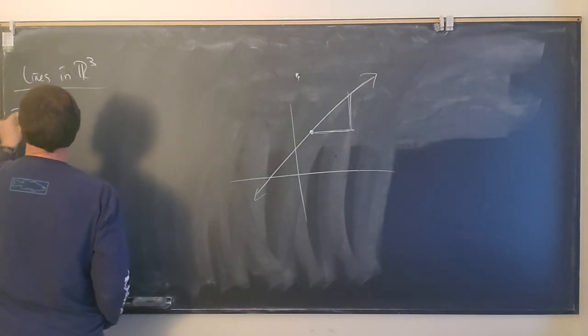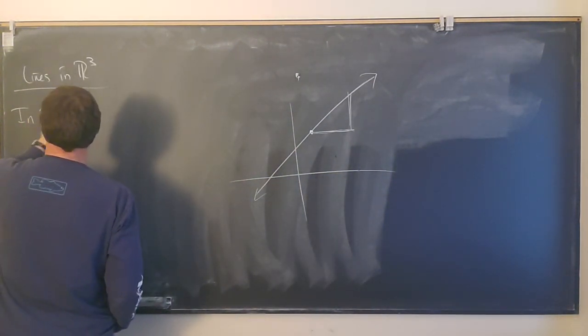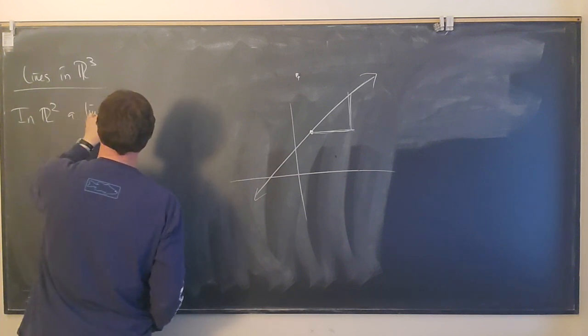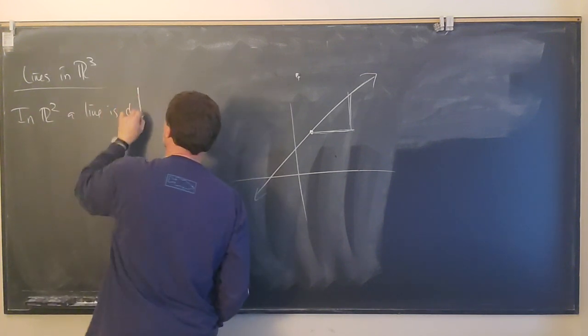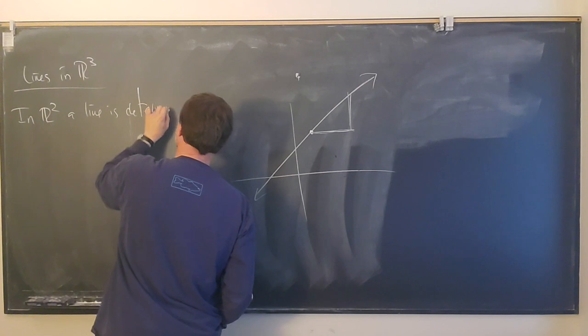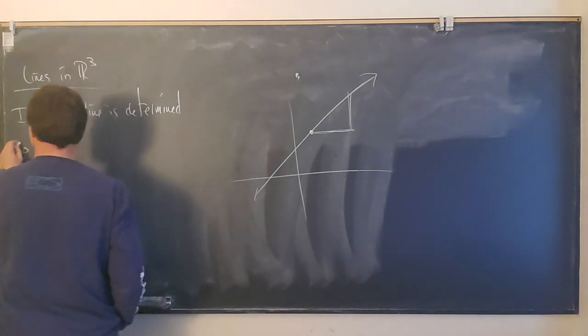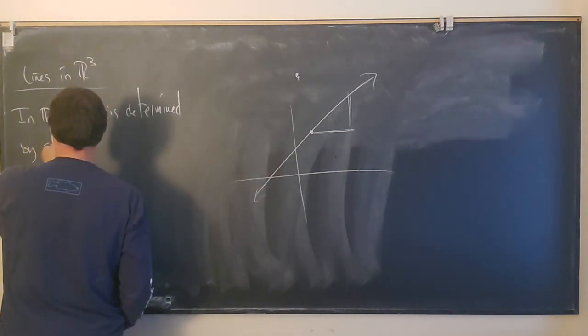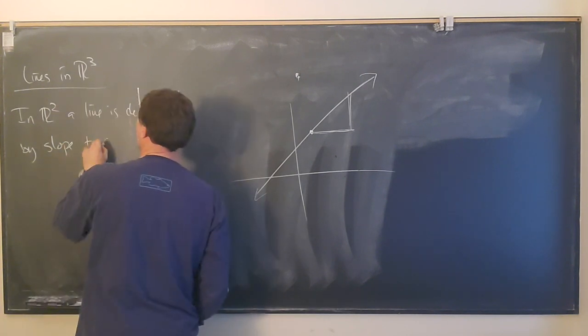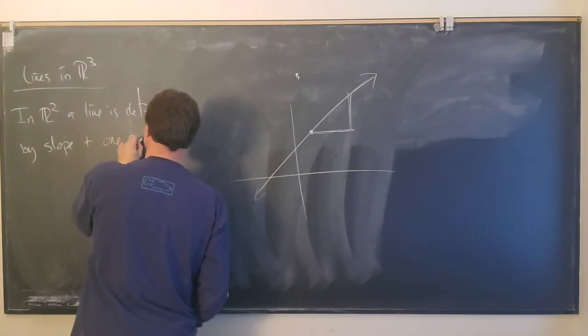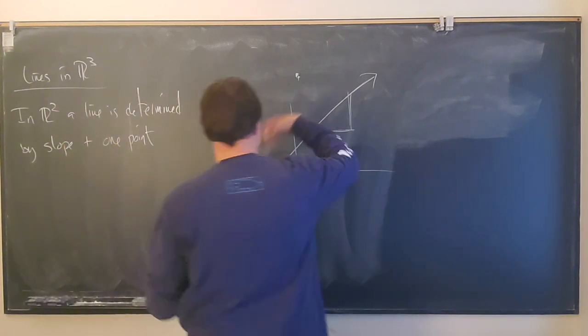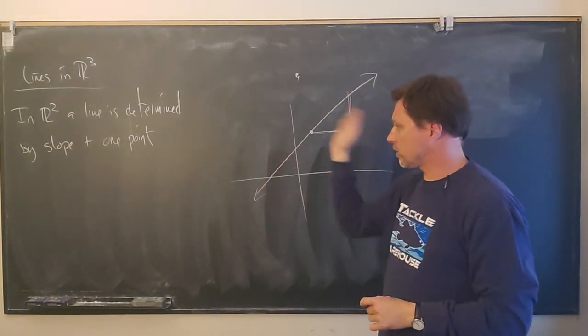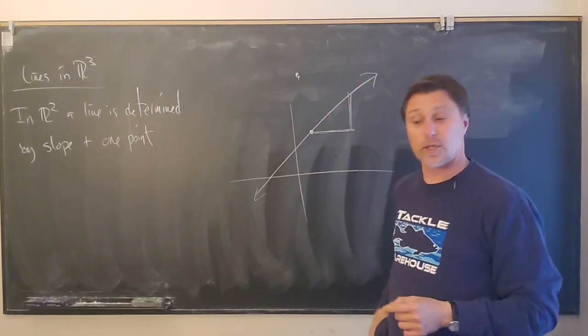In R2, a line is determined by slope plus 1 point. That's the picture I was drawing here. Give me a slope, give me a point. That completely determines the line.